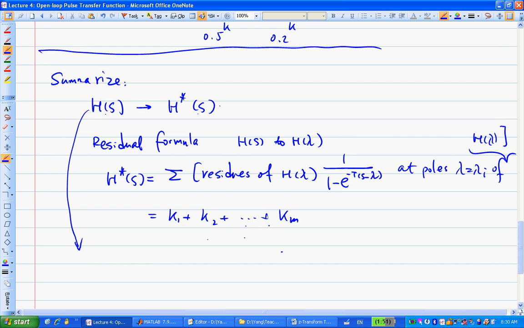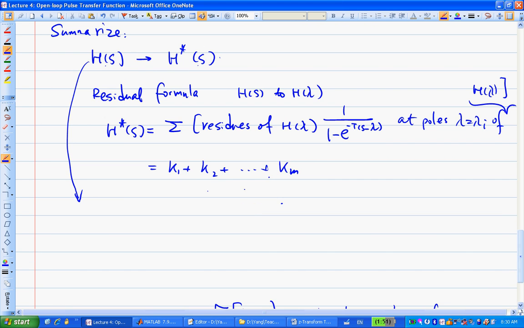Here's the formula for K1 to Kn, for distinct real poles.